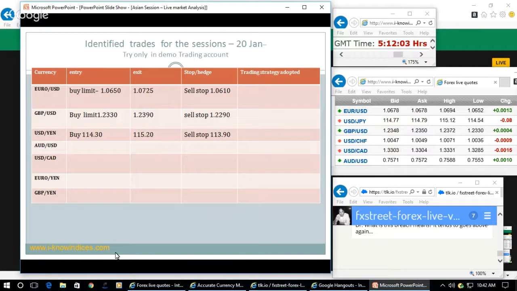Then this is the recommended trade. When they are making a brief downward stop near the low of 1.0650, you can take a buy, and they could gain about 50 to 75 pips from there. You can keep the exit limit and also keep the hedge order or sell stop to limit the risk.